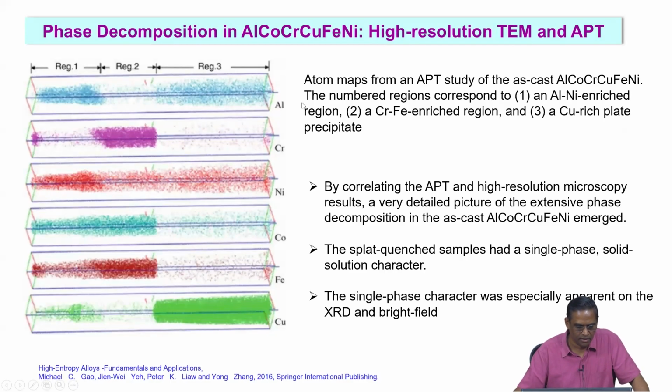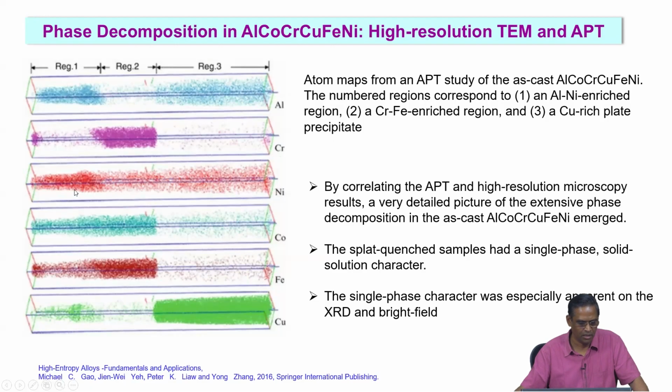So, what you see here is atom maps from the APT study of the ASCAS aluminum, cobalt, chromium, copper, iron, nickel. The numbered regions correspond to aluminum nickel enriched region 1. So, aluminum is blue and nickel is orange.